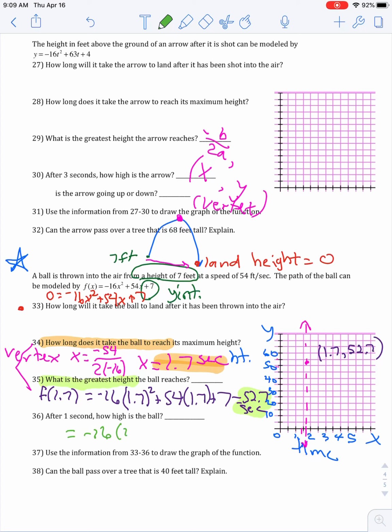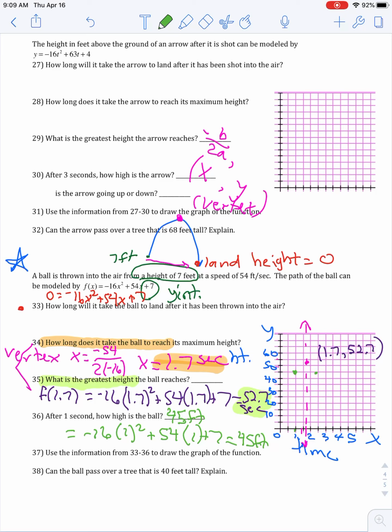I'm going to put a 1 in for the time. When I plug all that into my calculator, I get 45 feet. So at 1 second, that's this mark right here, I'm at 45 feet. That's exactly halfway between 40 and 50. So there's that point right there.